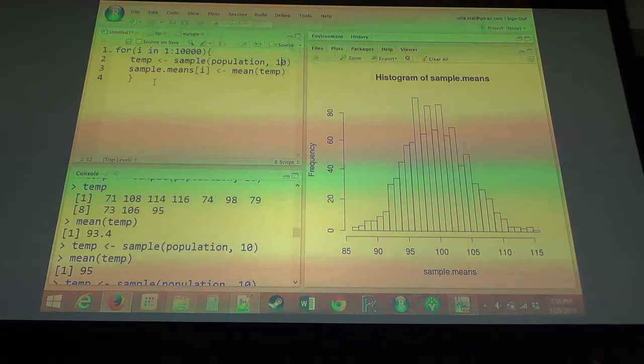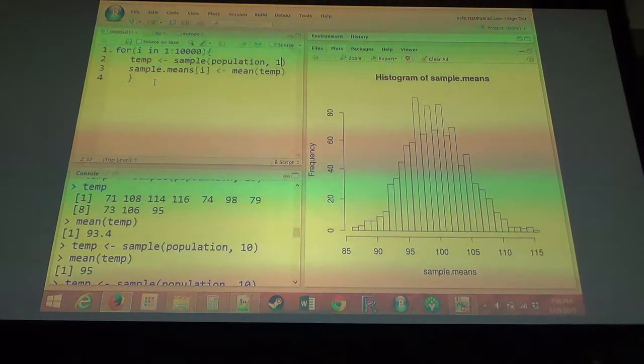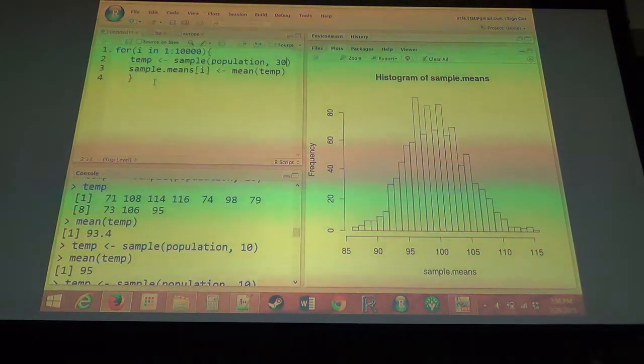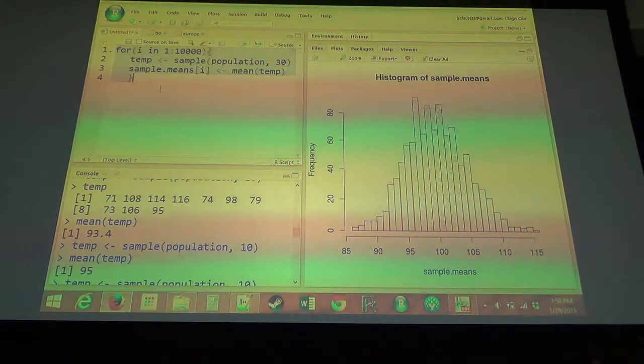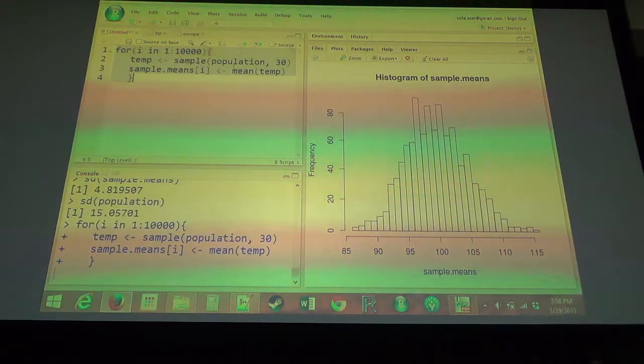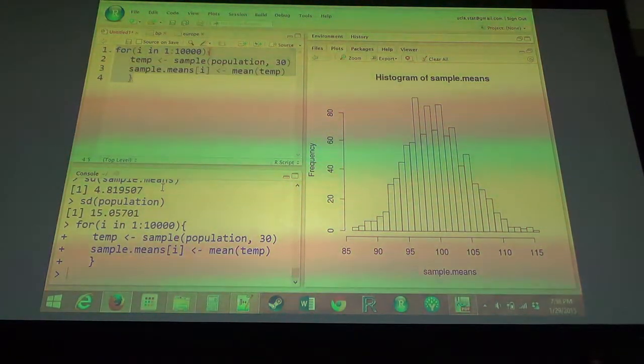And instead of samples of size 10, let's do samples of size 30. What will happen if I run this? It takes a little bit longer to run, but it's done.